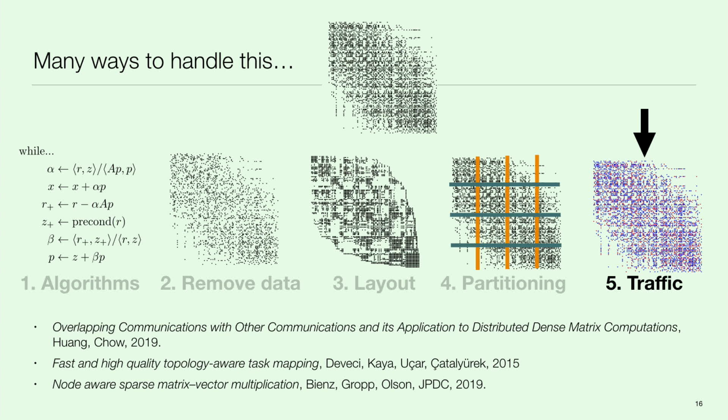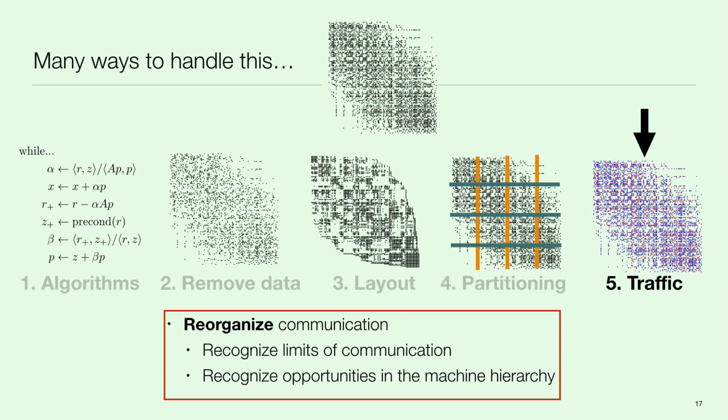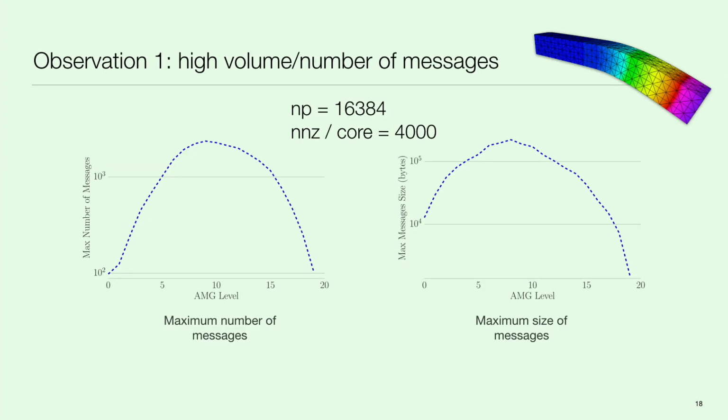There are ways of doing task mapping and processor mappings in systematic ways. I'm going to be talking a lot about that last one, and it's our node-aware approach to doing this communication. So we would like to recognize the limits, what's contributing to the communication limitations, and some opportunities in the machine hierarchy in order to address them.